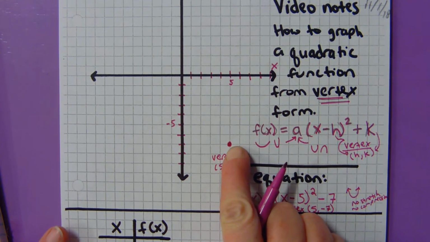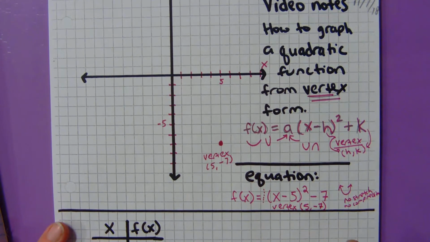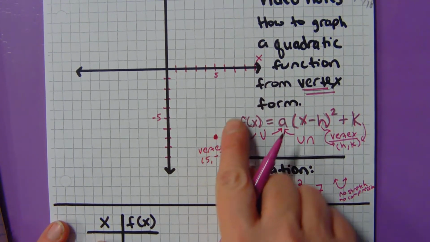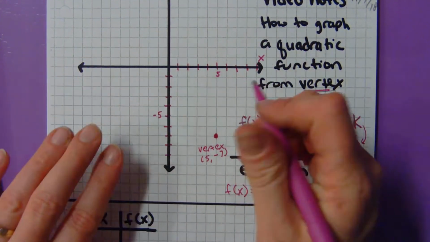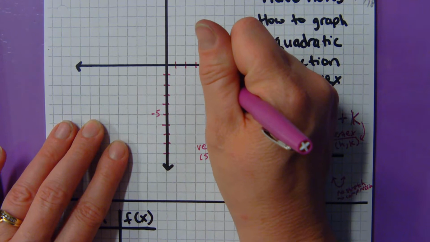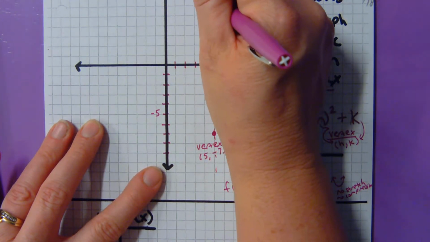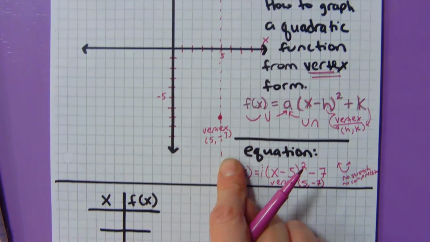So now my job is to get the next couple points, because I need to have my parabola. I know it opens up, so they're going to be over around this area. They're going to go up, and it'll go up like this. It's helpful to draw this dotted line, and on quizzes and tests I want to see that. That's your axis of symmetry.